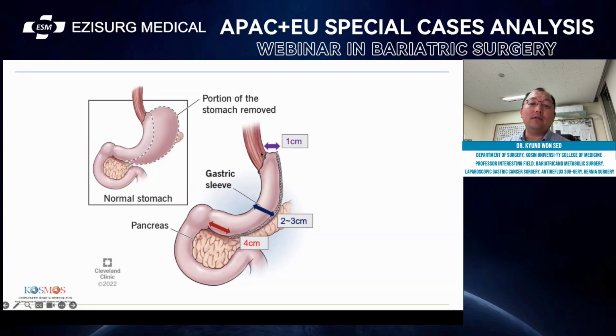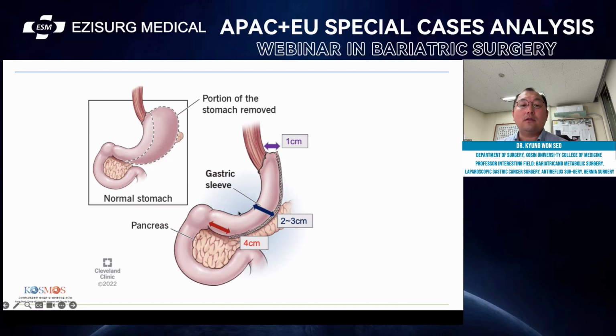I have to say these are very important things for the success of gastric sleeve. We have to keep 1 centimeter of distance from the esophagus to the last stapling to prevent the most frequent leakage after sleeve gastrectomy, and we have to make a sufficient distance of 2 or 3 centimeters from the gastric angle to the middle of the stapler to prevent twist or kinking.